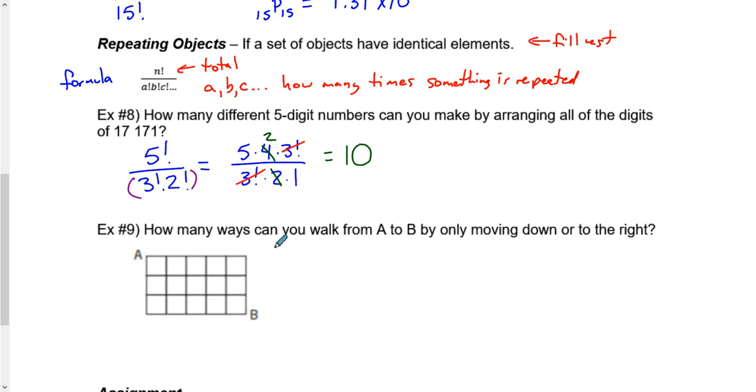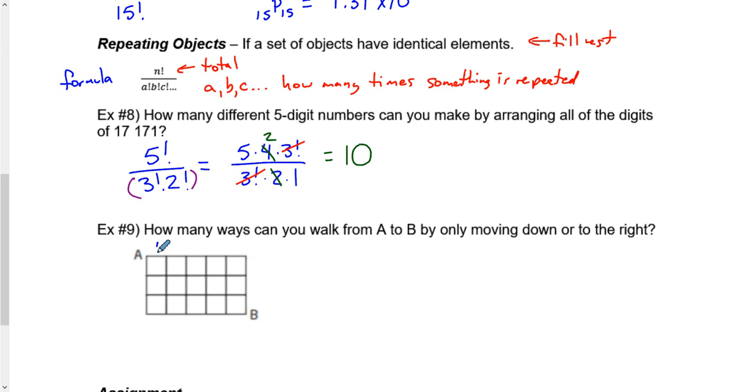Right. Now, in all technicality, this is actually a very good thinking question. It's usually done as a spatial game, spatial understanding as part of kind of the workplace. It's also technically, again, in all technicality, a combination, but we'll talk about combinations in the next section. It is a repeating object problem because we have to go from A to B, and we have a certain amount of ways that we can do it. We can only go down and to the right.